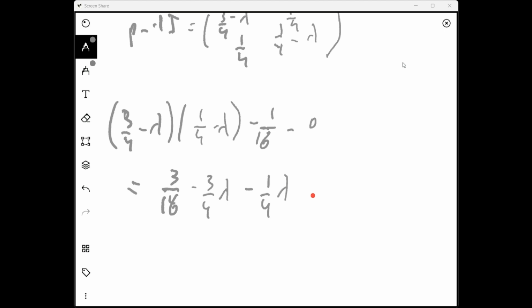plus lambda squared. And we do not need to forget the 1 over 16. So we have it equal to 0.